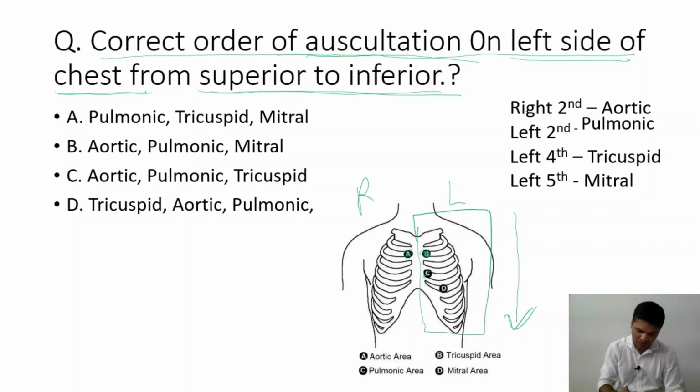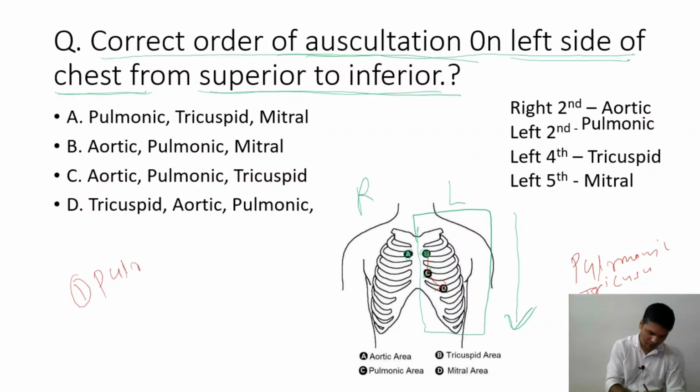So auscultation will go like this. First is the pulmonic area, second this one, the tricuspid, and the third one is mitral.